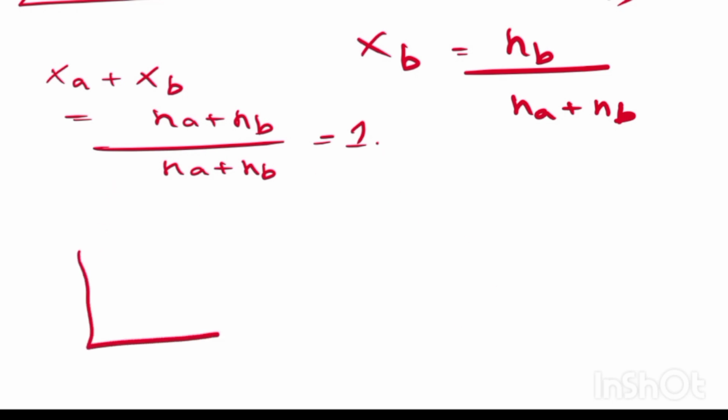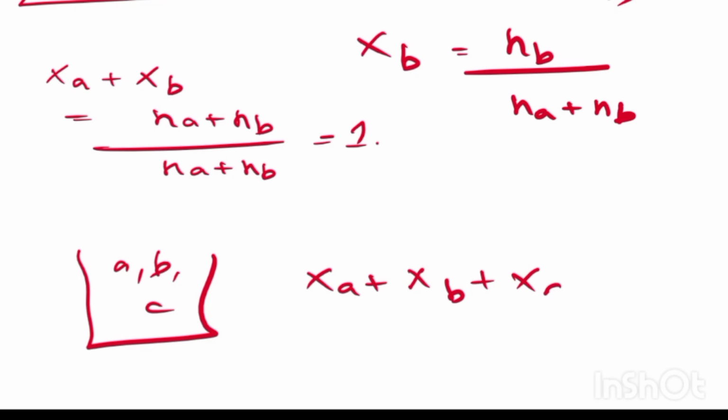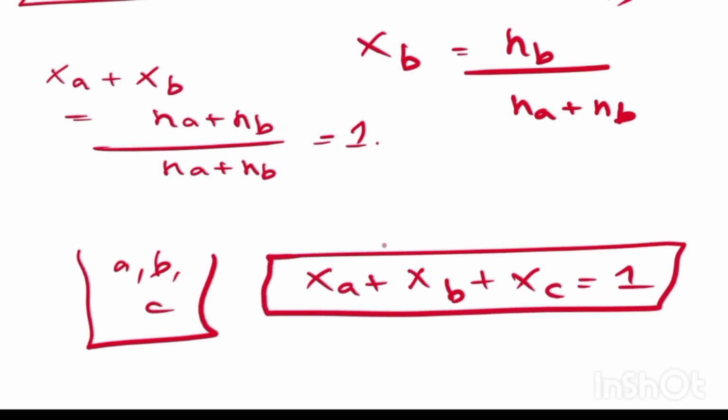In case this mixture consists of 3 components like A, B and C, so you will be getting mole fraction of A plus mole fraction of B plus mole fraction of C is equal to 1. Okay, the sum of everything, every component present in the mixture, that is the sum of the mole fraction of every component that is present in the mixture will be coming to be 1.